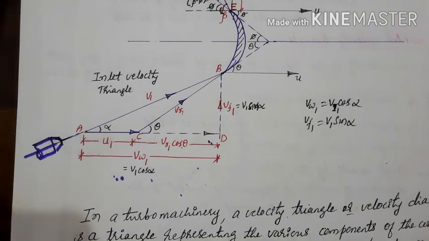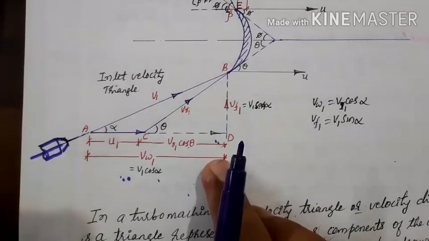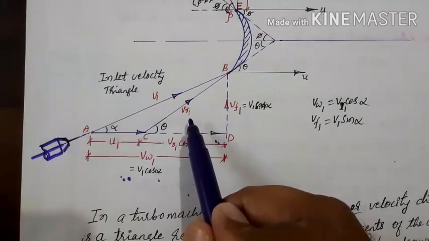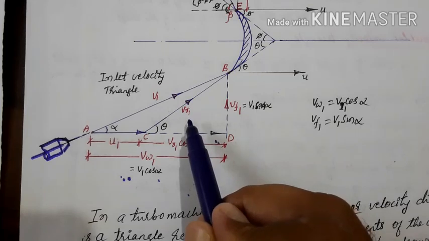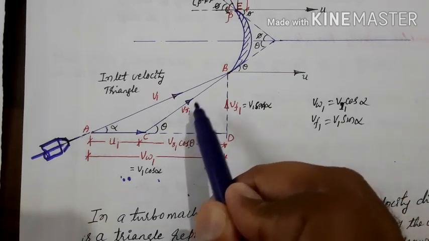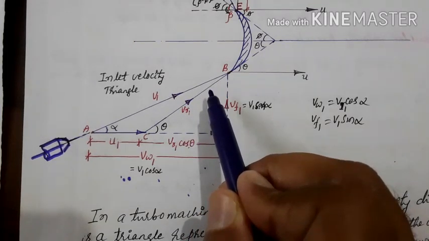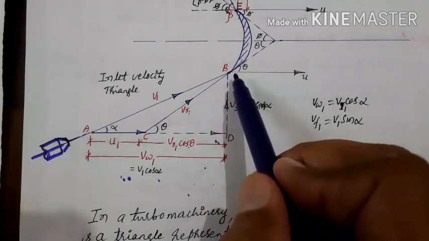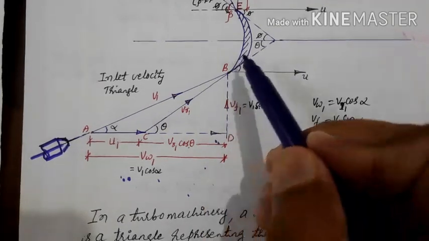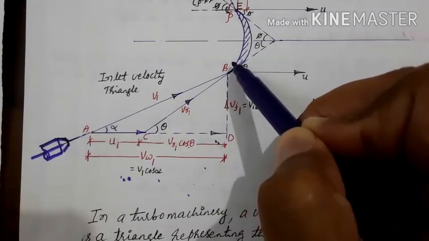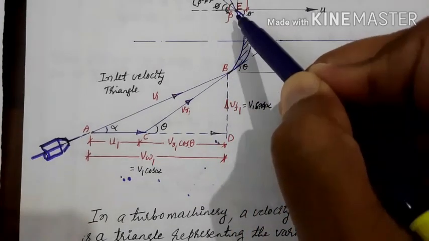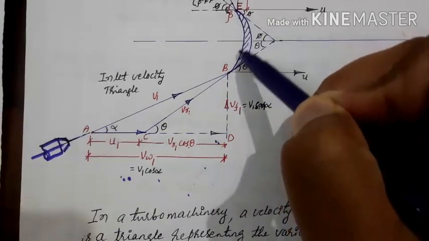Then from this diagram, as I said, VR1 is the relative velocity of the fluid. That means with this velocity it comes inside the blade passage and moves through the blade passage. As it is moving with this velocity in the blade passage, there could be a frictional resistance in this blade passage.